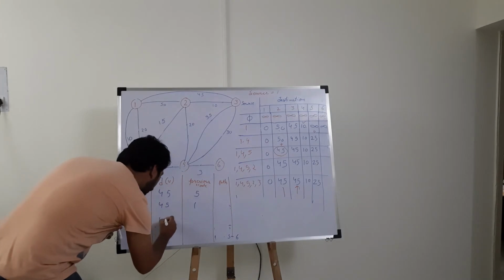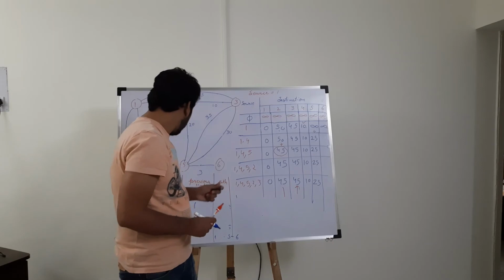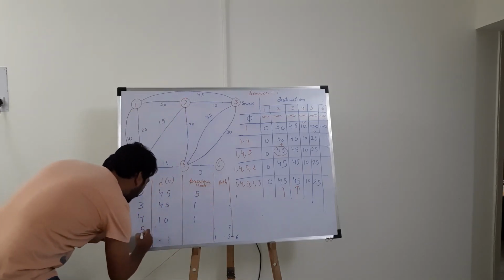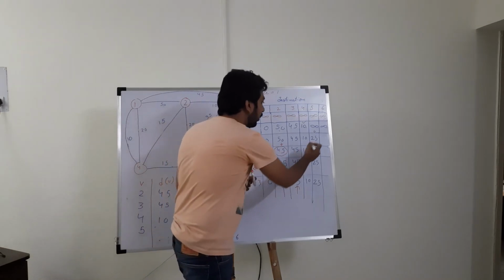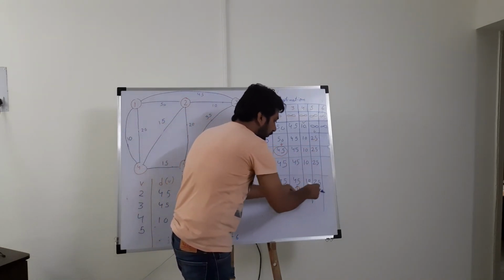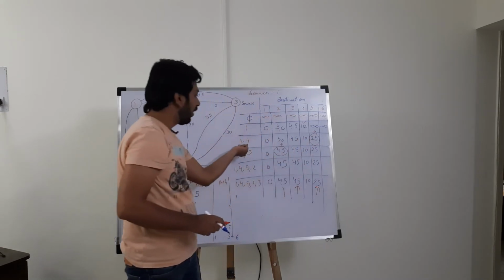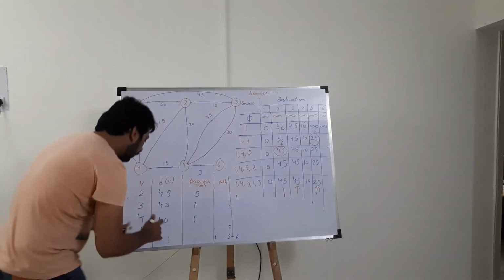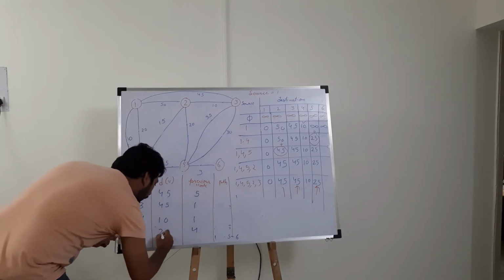So 4 cost is 10 and previous node is 1. Now next node is our 5. Now 5 minimum cost is 25 and it is changed when we add 4. So previous node is 4 and cost is 25.